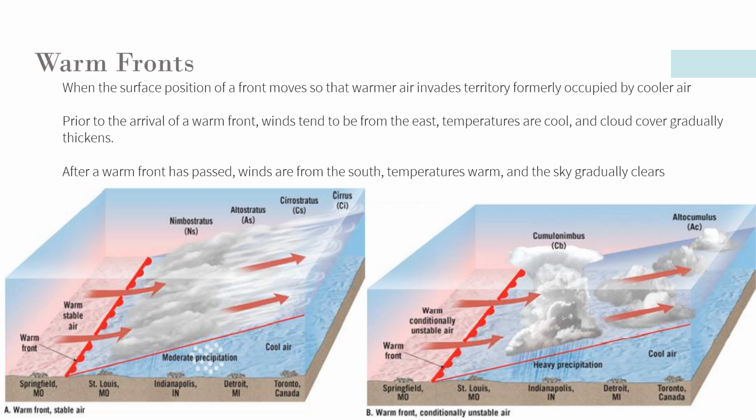During the warm season, when conditionally unstable air is forced aloft, unlike the stable air in the previous illustration, cumulonimbus clouds often develop, and heavy precipitation and thunderstorms follow. So that is the warm front and its weather.